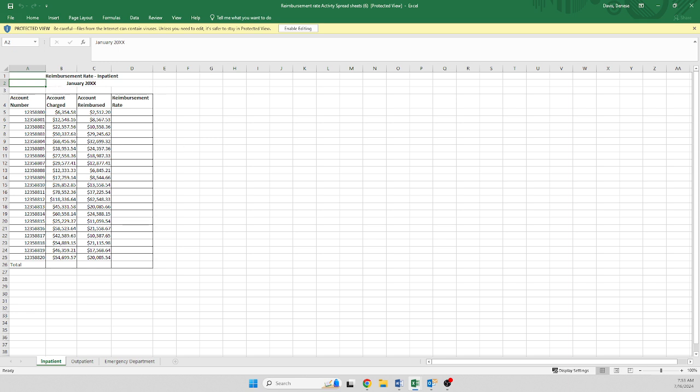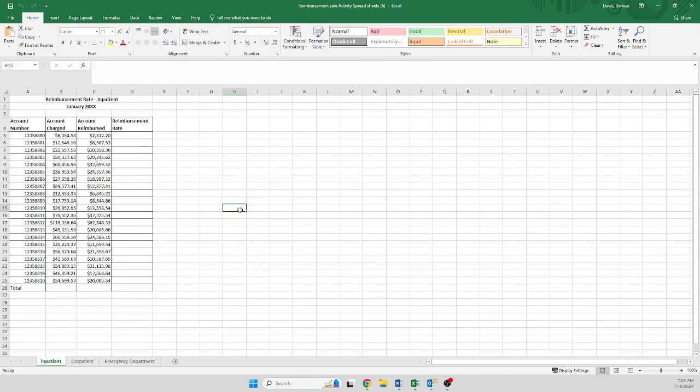So in order to do our calculations, I'm going to put in that this reimbursement rate is equal to the amount that's reimbursed divided by the amount that is charged, and then multiply by 100. Okay, so that's how we come up with our reimbursement rate.